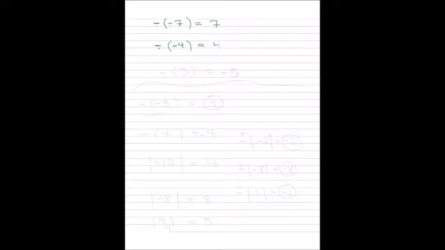Negative, negative comes together, this is positive 4. Let's say if I had negative and then a positive 5 inside the parentheses. The opposite of positive 5 is negative 5. So this negative doesn't go away. It still remains a negative 5.